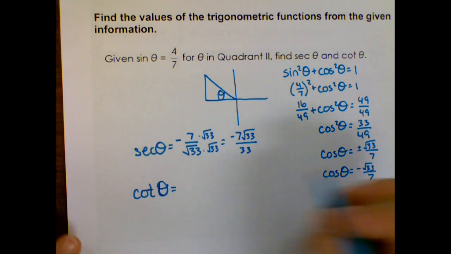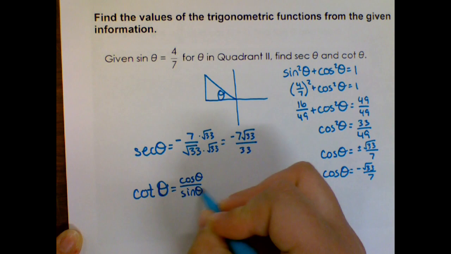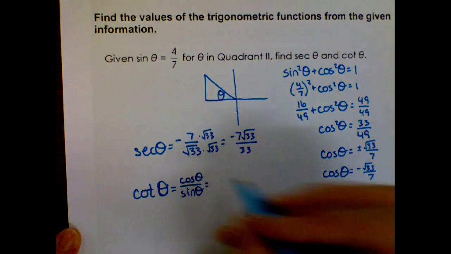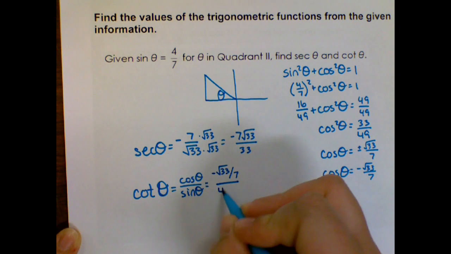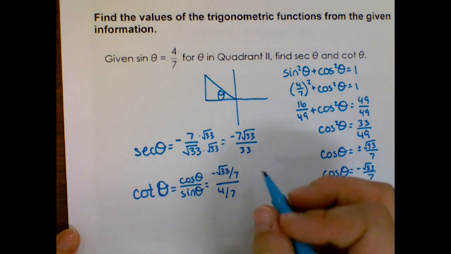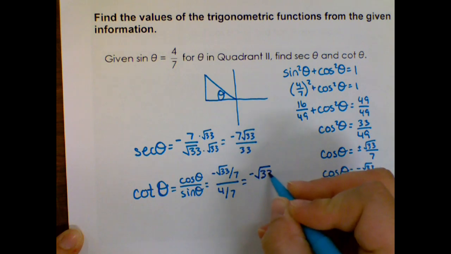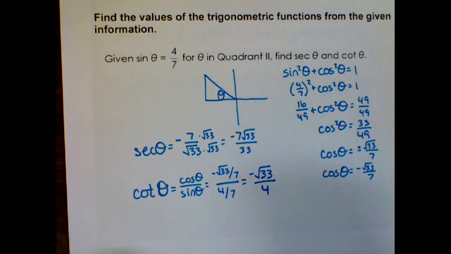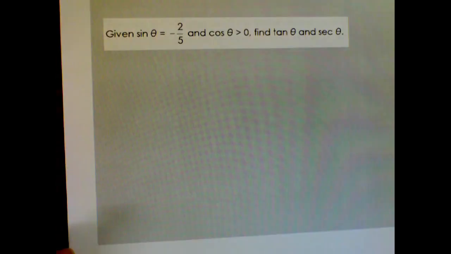We take cosine over sine, and I know both of those already. So my cosine is negative square root 33/7 and my sine is 4/7. If you've noticed by this point, those over 7s cancel, leaving me negative square root 33/4 for my cotangent. Those are my two answers.